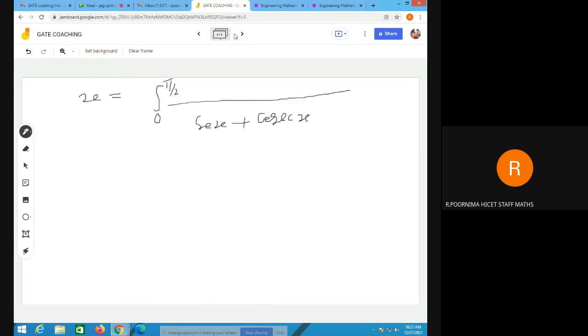For better understanding, I am writing 3 into secant x plus cosecant x, and taking 4 outside, 4 into the same secant x plus cosecant x.